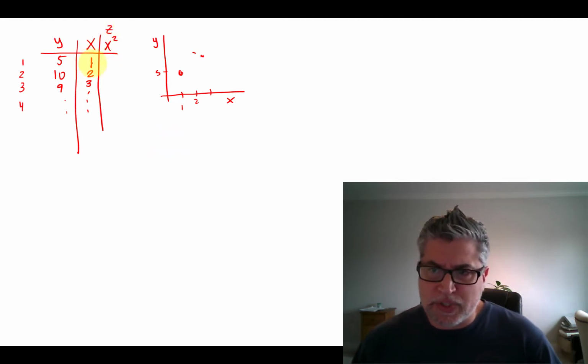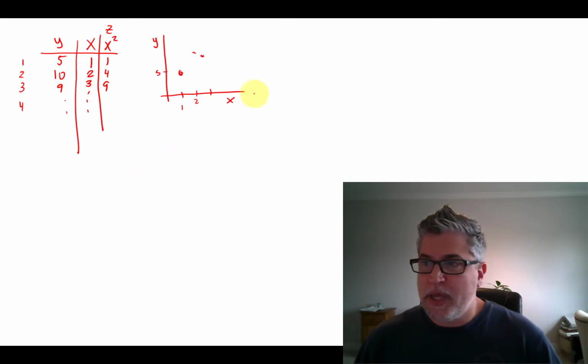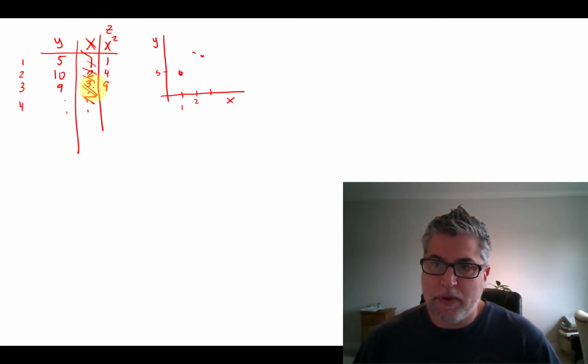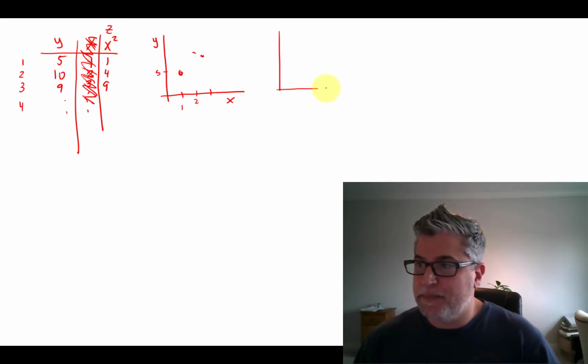So what's x squared? Well, 1 squared is just 1. 2 squared is 4. 3 squared is 9. And now I can just look at the relationship between y and z. Okay, now when z is 1, y is 5.